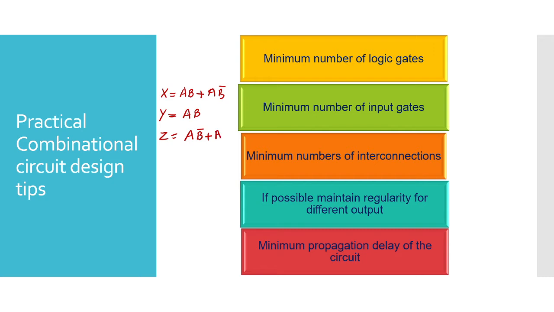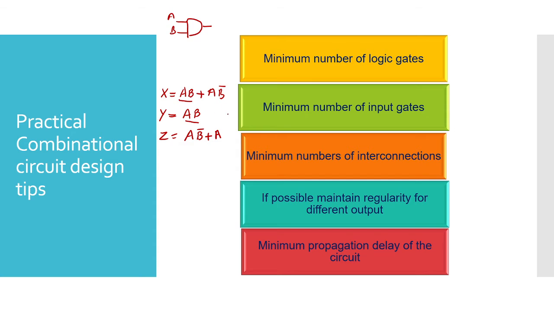a. So these are the output functions I am showing you here, x, y, z, with their Boolean functions. Whatever minimization I do, I will try to get the common terms. You see that the term ab is the same here. That means once I generate the term ab, this output can be used for x implementation as well as for y implementation.